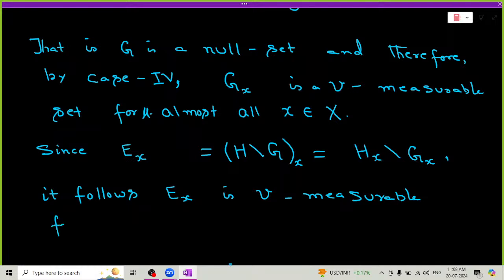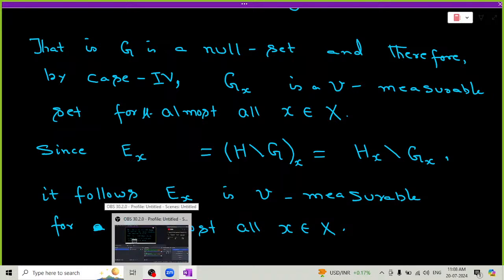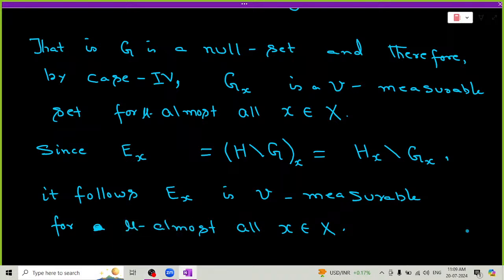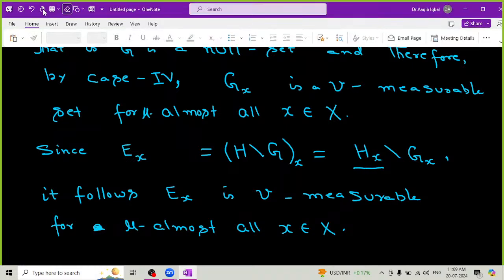Is new measurable for mu almost all x in X. Tell me, what is the reason? Intersection of two measurables. Yes, the reason is the same, so why are you saying it so fearfully? Say it with confidence. H sub x, what is H?